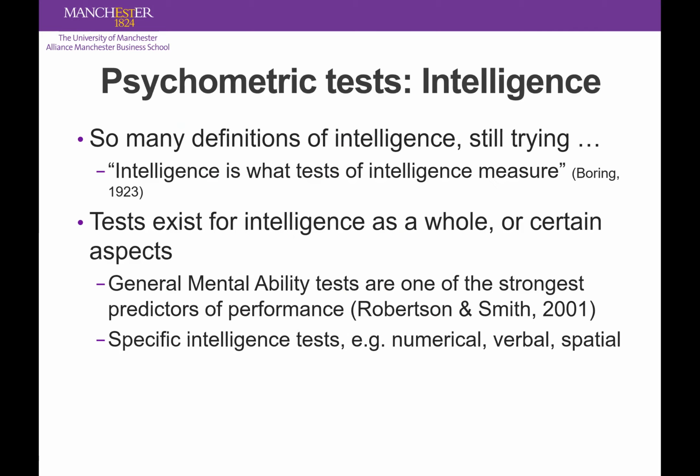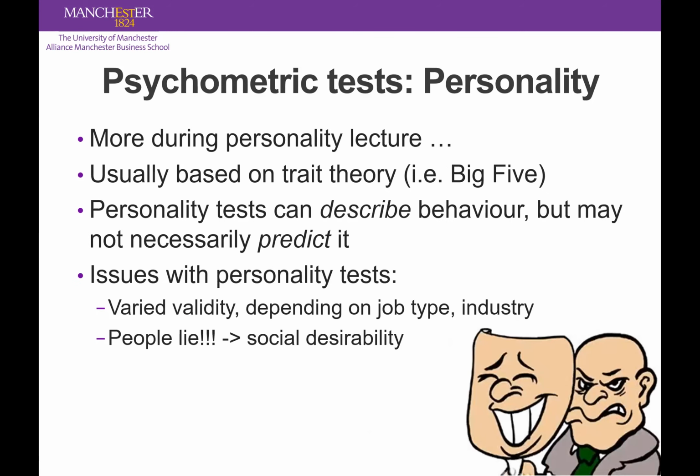Indeed, tests exist for intelligence as a whole or for some specific aspects. GMA, the General Mental Ability Test, is one of the strongest predictors of performance. But besides that, we also have some specific intelligence tests like the numerical test, the verbal test, or spatial test.